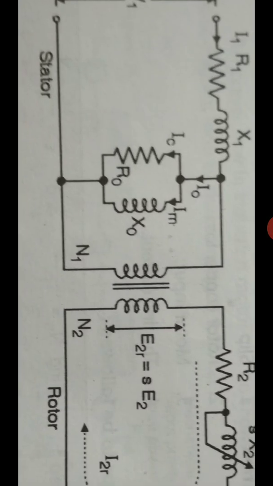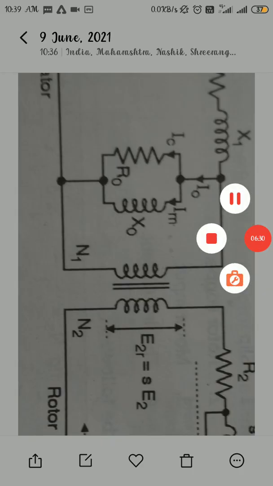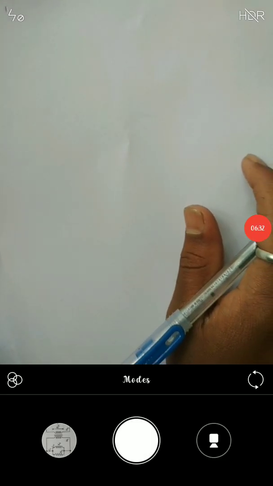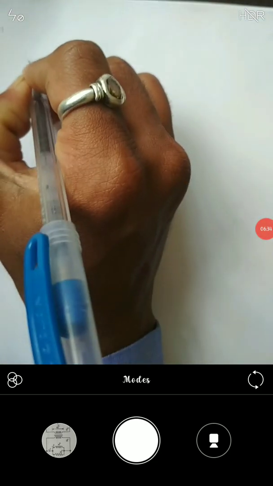E1 and E2 are the primary and secondary voltages respectively. Let V1 be the stator supply voltage.